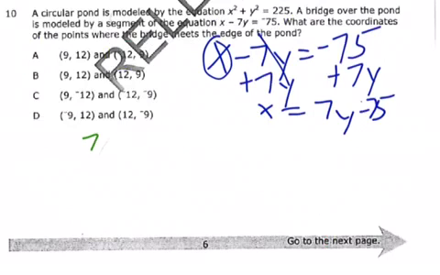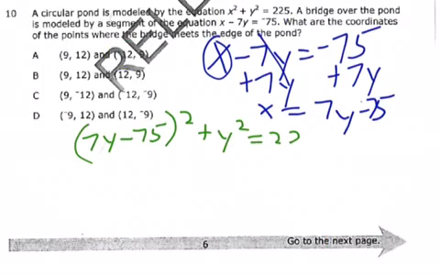So it would be 7y minus 75 squared plus y squared equals 225. And then I could expand that out. I could use the box method or the FOIL method to do 7y minus 75 times 7y minus 75.